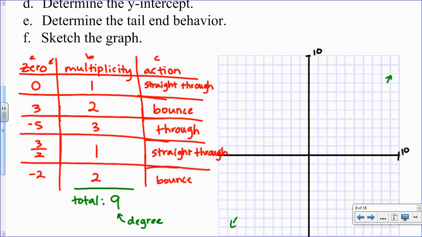So these are my x-intercepts. So 0, 3, negative 5, 3 halves, and negative 2. My y-intercept is 0, 0, which I already have a point there, but it's not always going to be 0, 0.